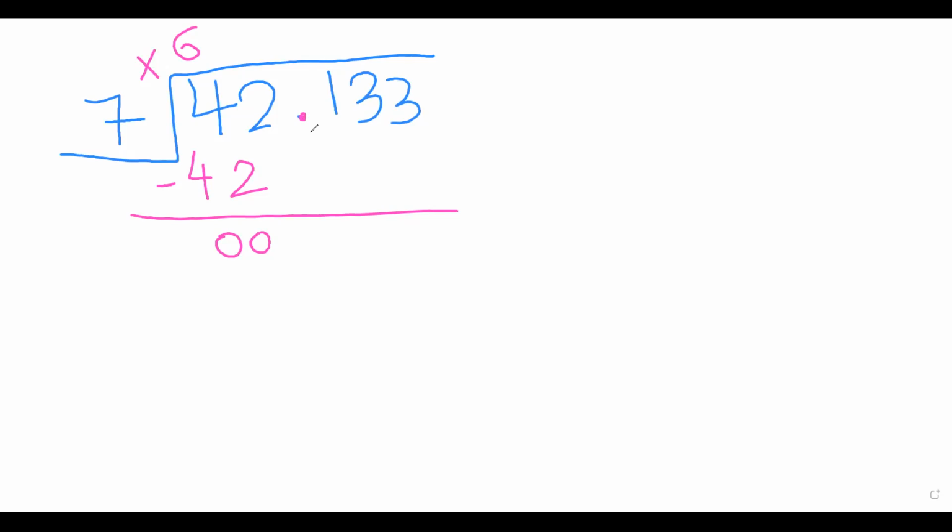After I finish the 42, what do we have here? The decimal point, so I must write it up. Then, after I put the decimal point, I will call 1. Can I divide 1 into 7? No. Since I cannot divide it, what can I do?